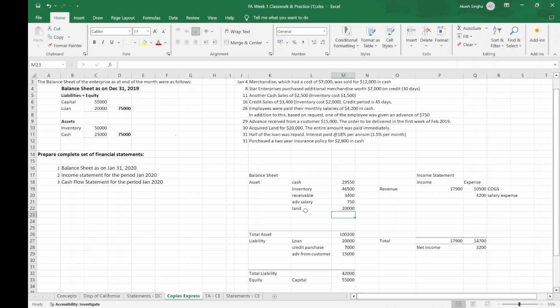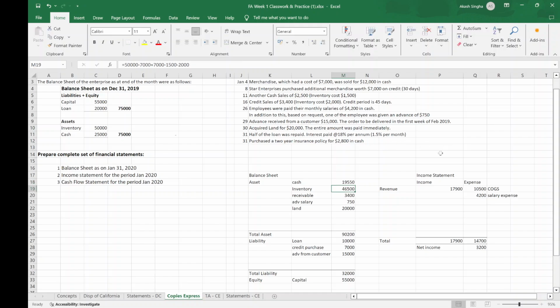Half of the loan was repaid, and interest is paid at 18% per annum. Half of the loan was paid, so it's now 20,000 minus 10,000. It was paid from cash only, so 10,000.